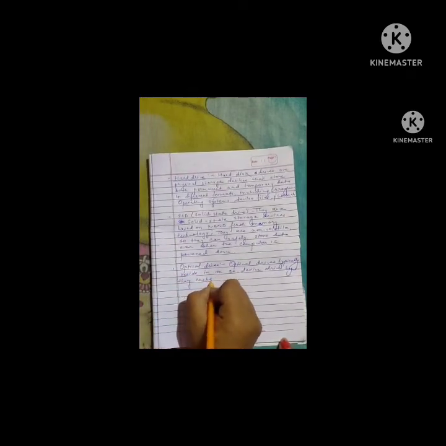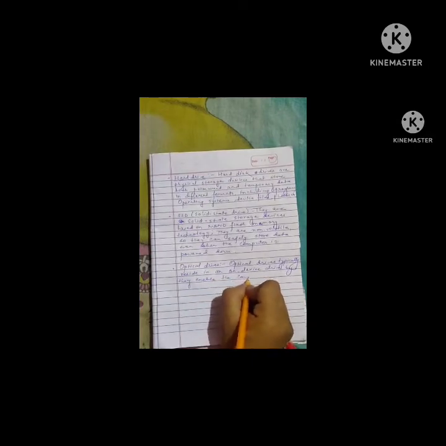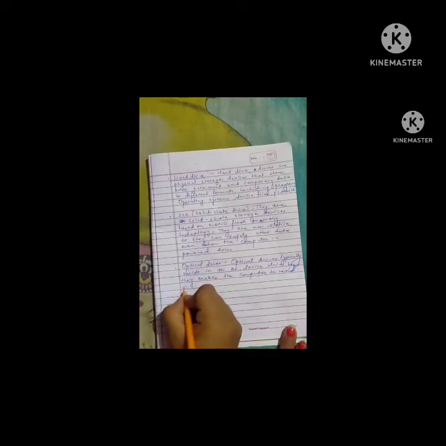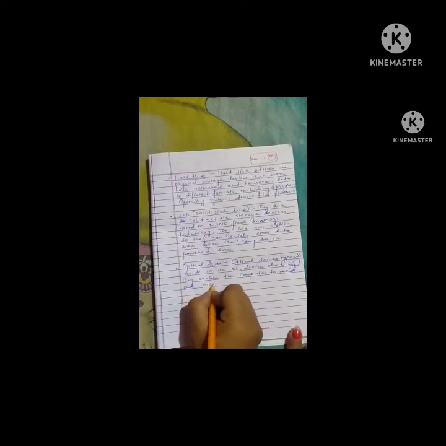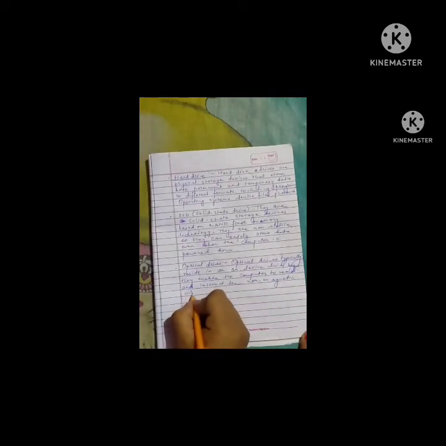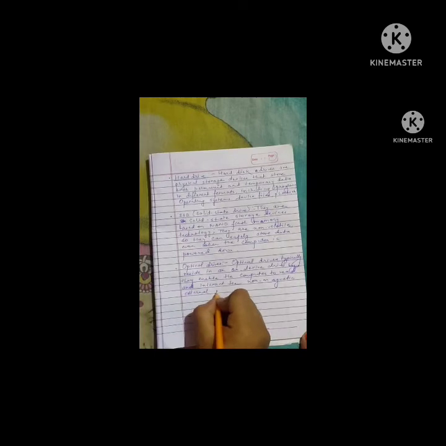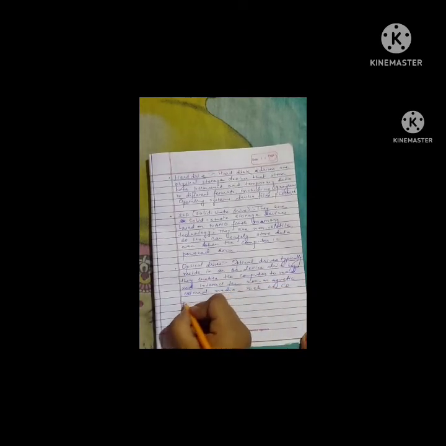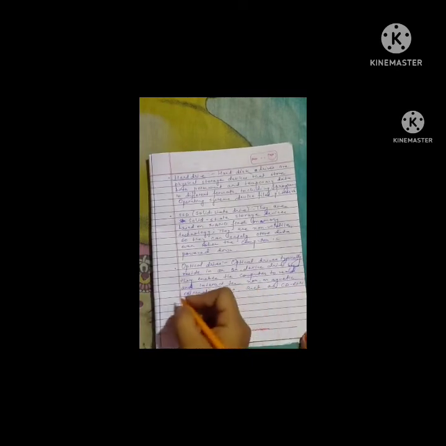They enable the computer to read and interact with the non-magnetic external media, such as CD-ROM or digital video disc.